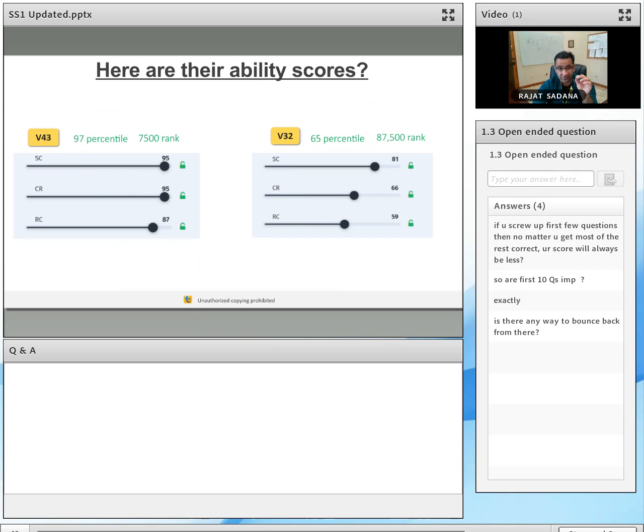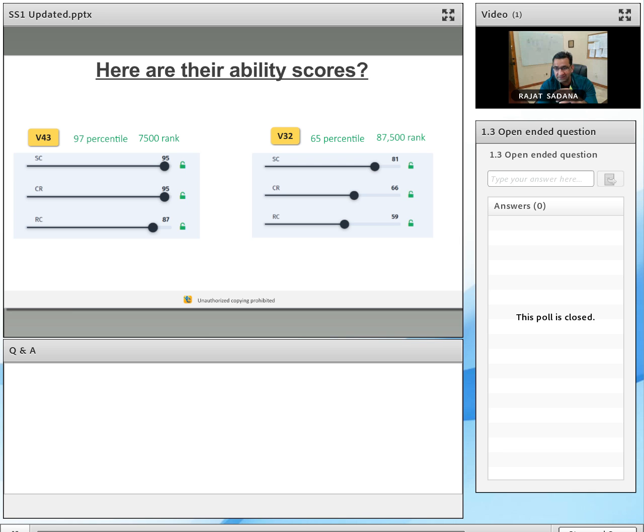And how the GMAT looks at them is this. The V32 guy had abilities on the right-hand side: in sentence correction, his estimate of ability was 81st percentile. In critical reasoning, it's 66th percentile. In reading comprehension, it was 59th percentile. For the V43 guy, the abilities were much higher. When you look at these 2 students through the lens of ability, do you see the difference between them?